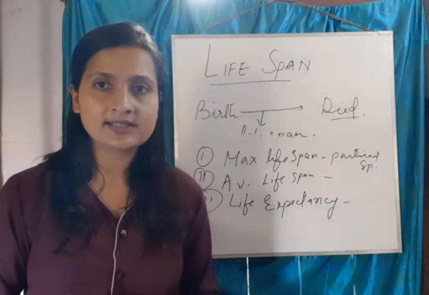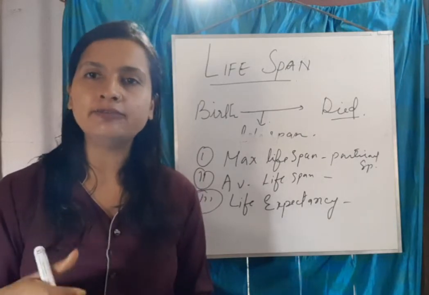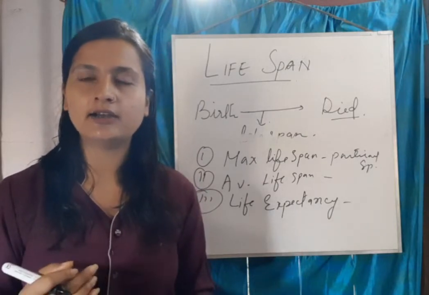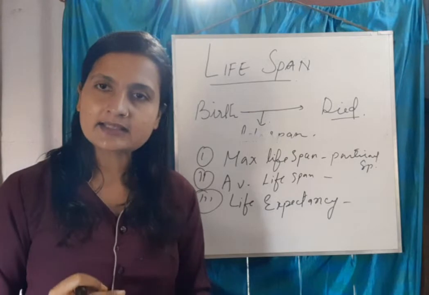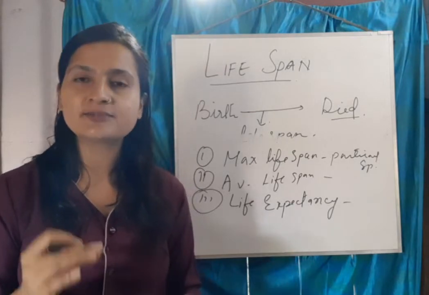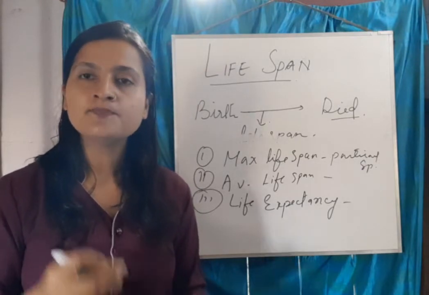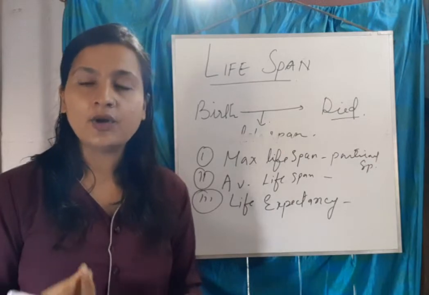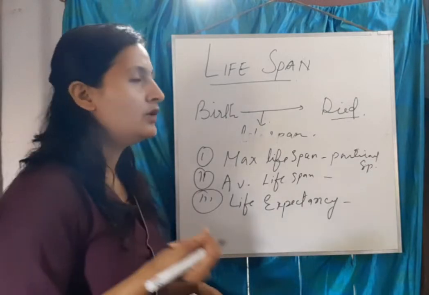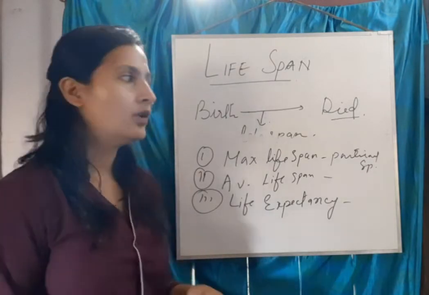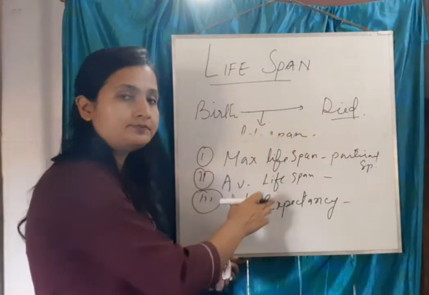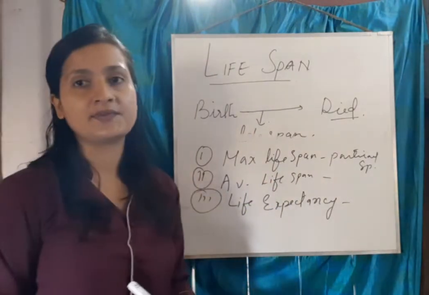It is not necessary that all dogs will live for 50 years. Are you getting it? So the maximum lifespan, the ability to survive of that particular species, is called your maximum lifespan.